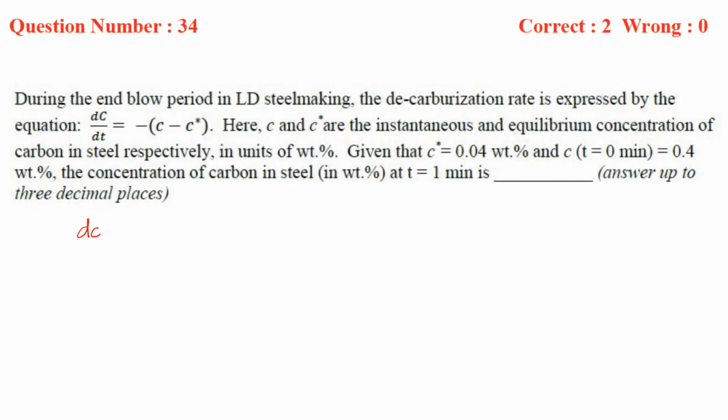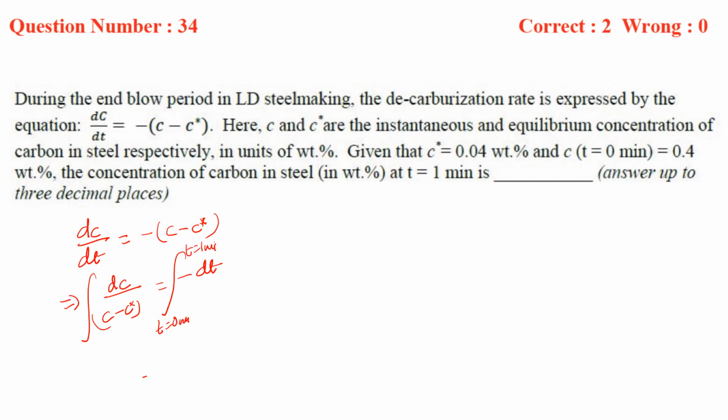So this follows the reaction. See here, the equation is dC by dt equal to minus (C minus C star), right? So we can rearrange this equation. To find the concentration from time equal to 0 minute to time equal to 1 minute, we need to integrate this, right? The initial concentration is 0.4 at time equal to 0, and this C we need to find, right?